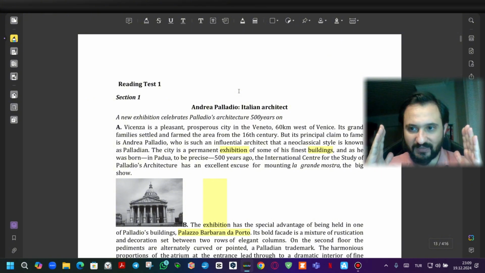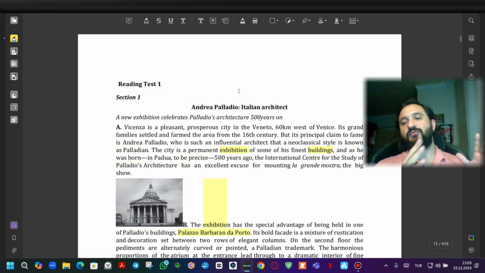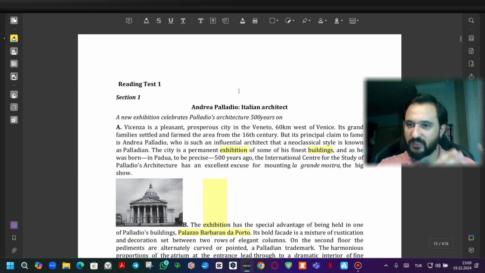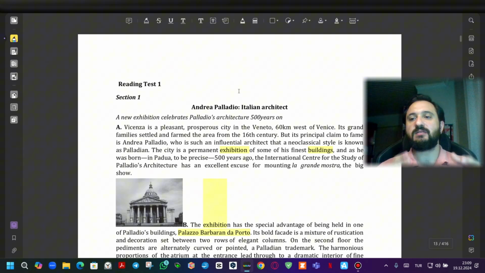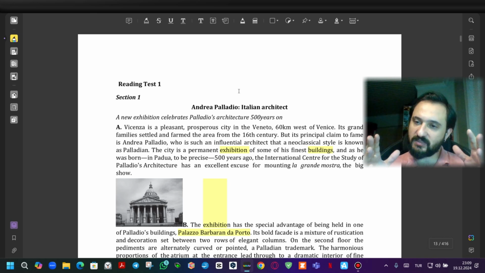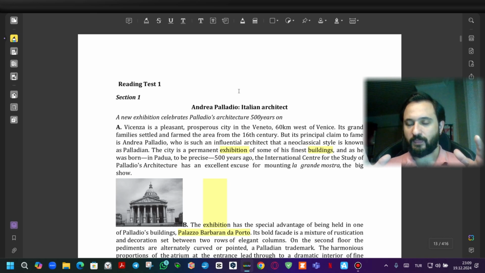First of all, you need to read the articles, but not like this. Before beginning the reading section, you need to just look very fast at the articles and their headlines. If you understand the headlines and the main theme, you can make a decision. What does it mean?